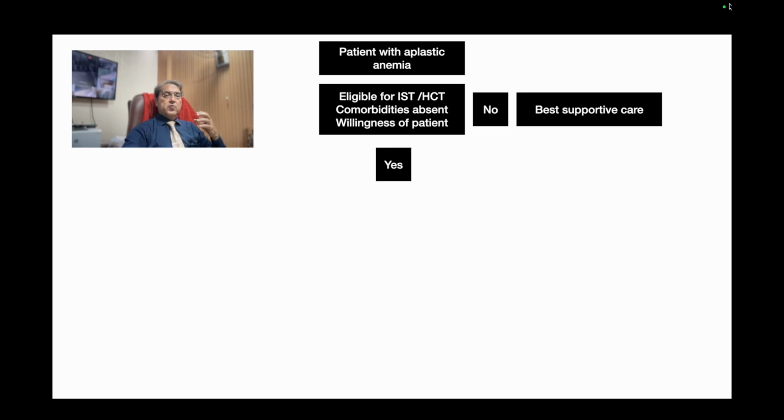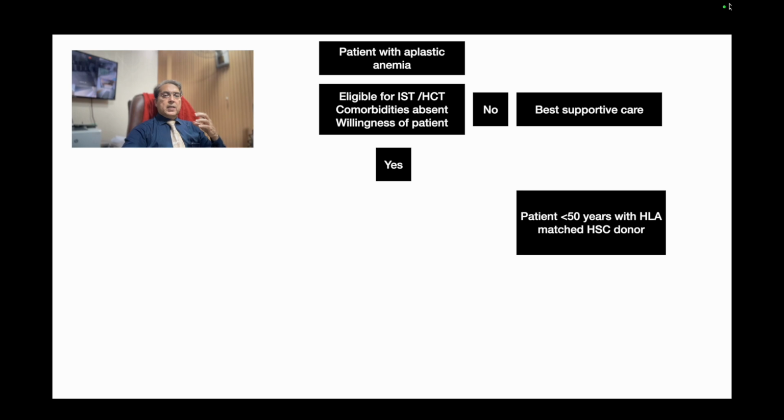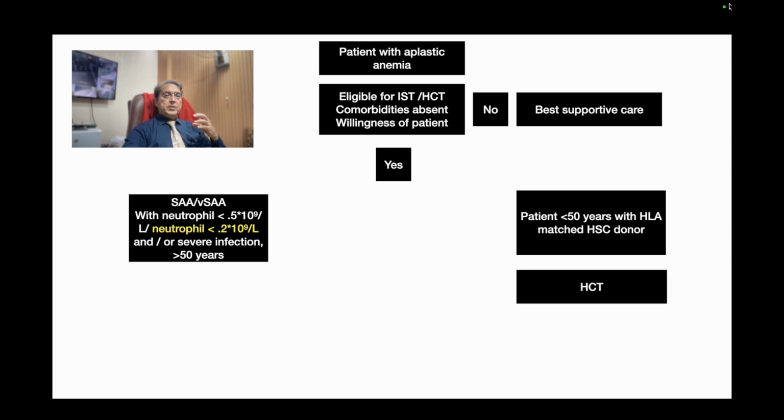If the patient is eligible for stem cell transplantation or immunosuppressive treatment, no comorbidities are present, and the patient is willing, then if the patient is less than 50 years with an HLA match, and a hematopoietic stem cell donor is available, hematopoietic stem cell transplantation is the best option. But if the patient is not a candidate, or has no available donor, see if it is severe aplastic anemia or very severe aplastic anemia.